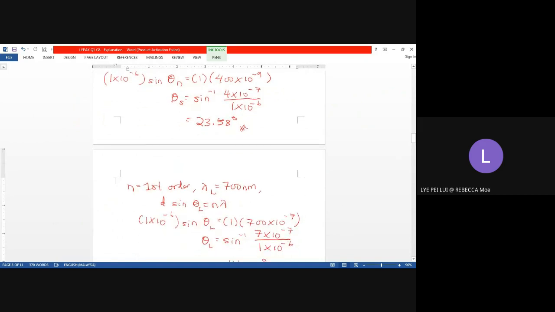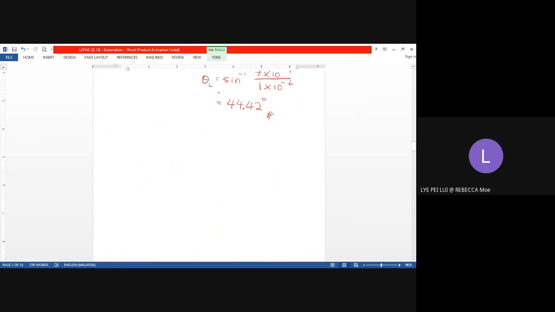Okay, so the shortest theta is 23.58, and the longest wavelength theta is 44.42 degree.